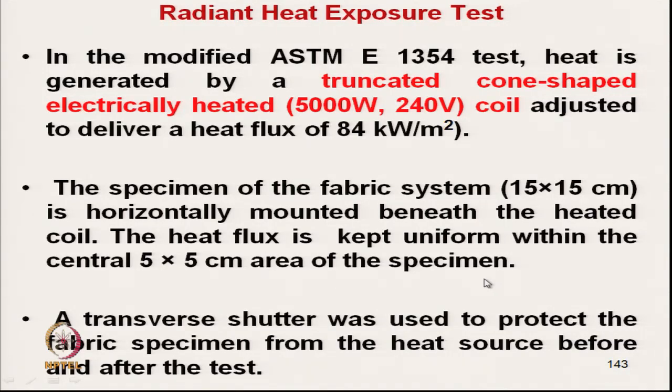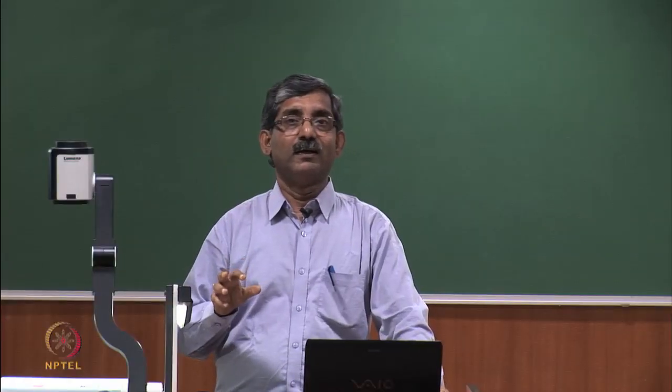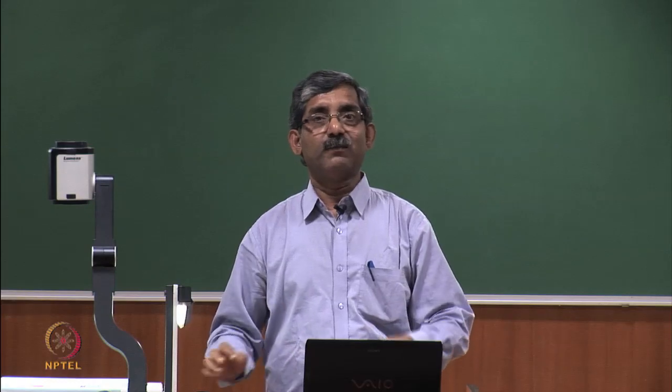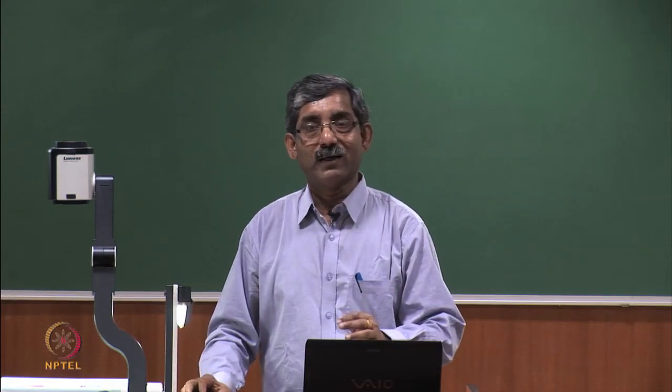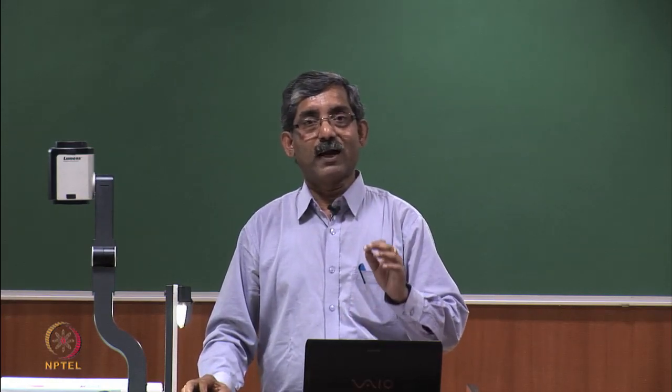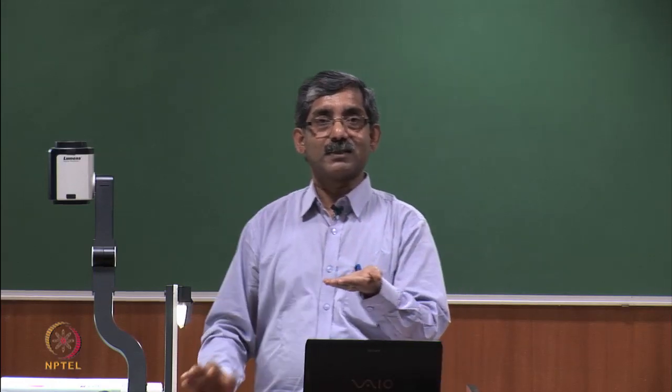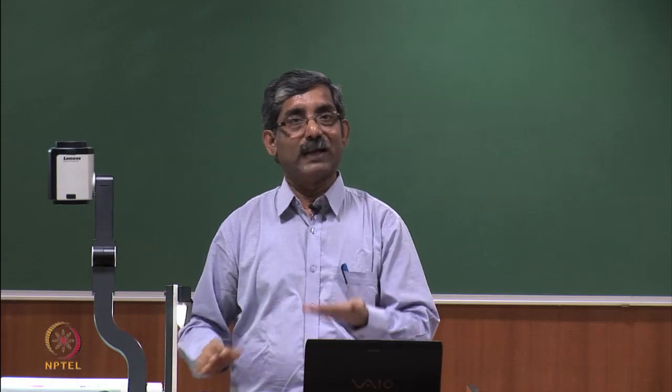So, the total area of the specimen is 15 centimeter by 15 centimeter, and at the center, at least a 5 centimeter by 5 centimeter area, the heat flux should be kept uniform. Okay. And below that area the skin simulant is placed.